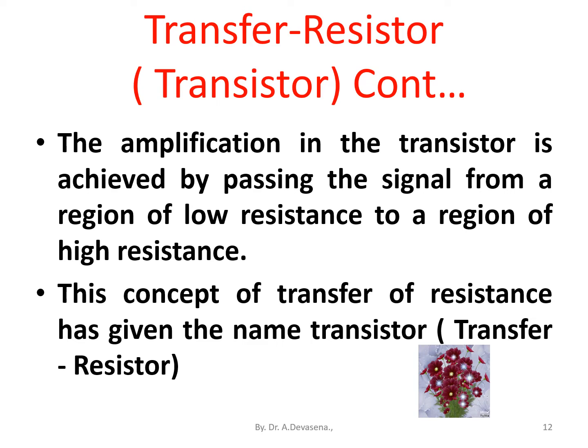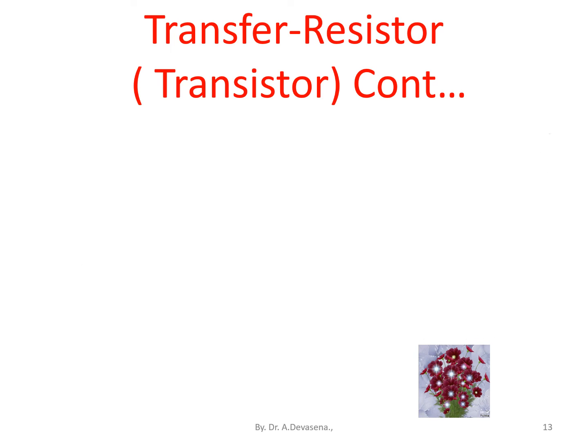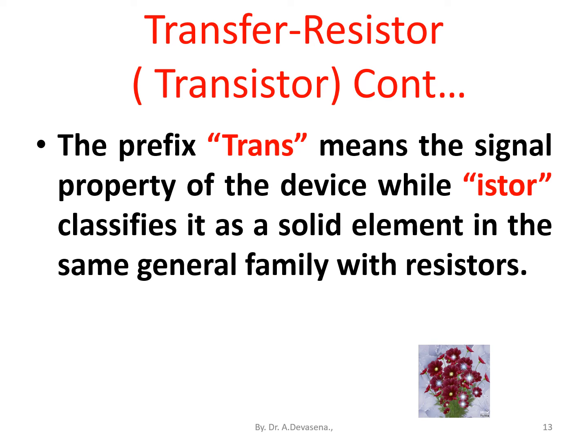This concept of transfer of resistance has given the name transistor, that is, transfer resistor. The prefix trans means the signal property of the device, while resistor classifies it as a solid element in the same general family with resistors.